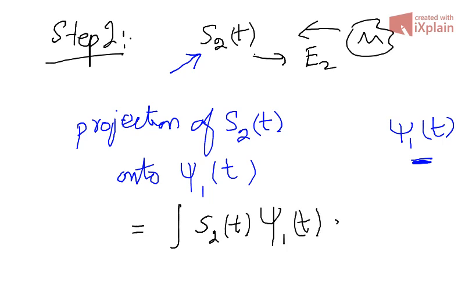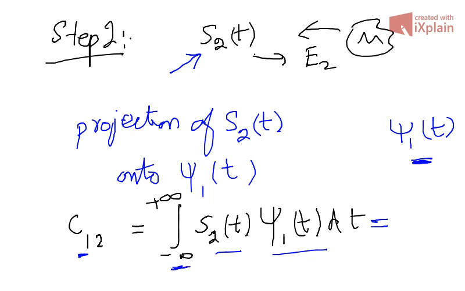If we integrate it from minus infinity to plus infinity, this integral gives us the projection of S2 over psi 1, and we call it C12, the projection of the signal. Keep in mind, in this C12, it's a definite integral with limits, so you would get a number, some real value, some scalar.